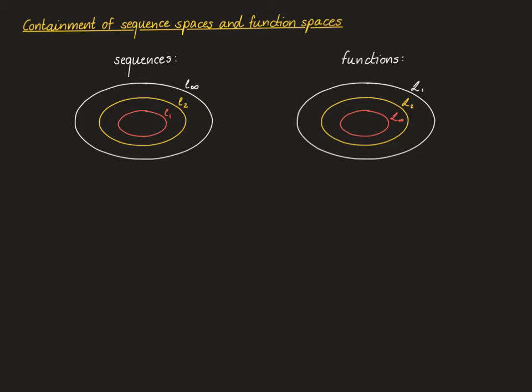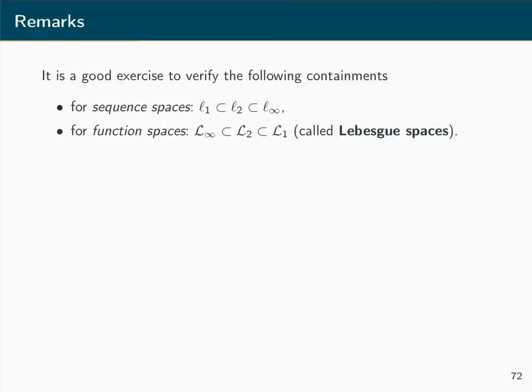For functions, it's the other way around. So large L1 is the largest space, and it contains large L2, and large L infinity is the smallest of the function spaces. These containments are stated again as a remark on this slide. It's a good idea to think a little bit about these containments and try to verify them for yourselves.